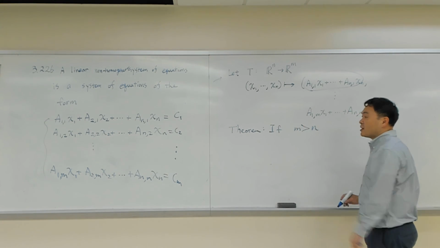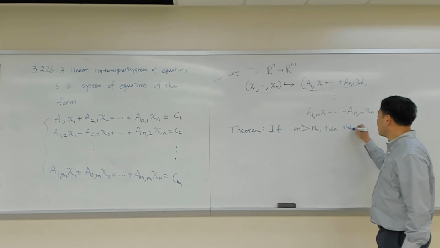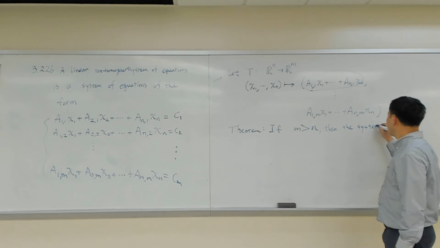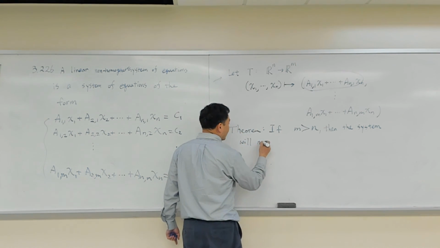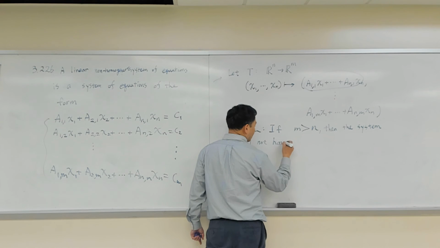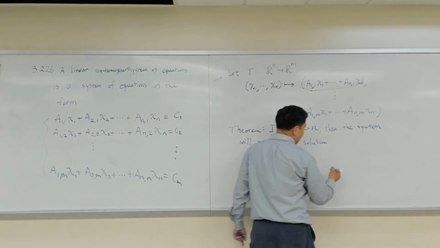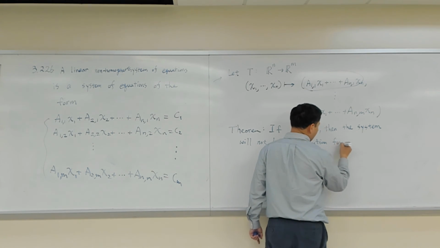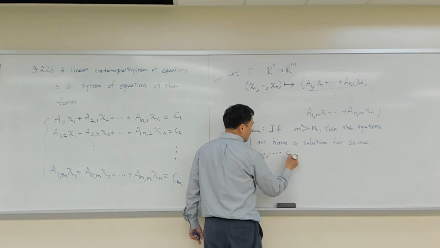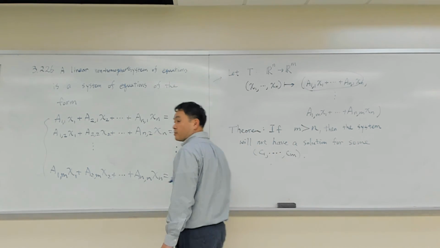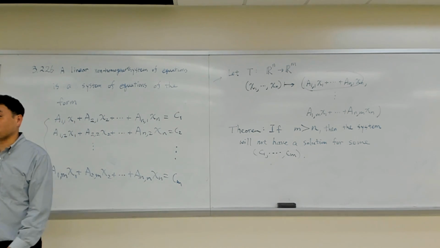So here's the consequence. If m is greater than n, then the system will not have a solution for some C1 through Cm. There's a choice of C1 through Cm so that the solution doesn't exist.